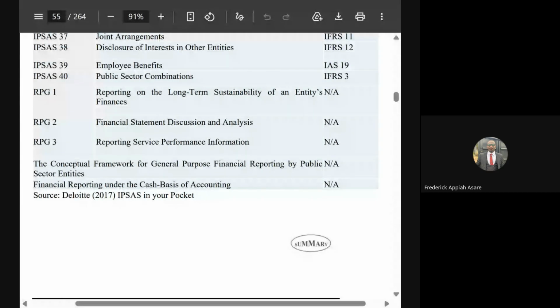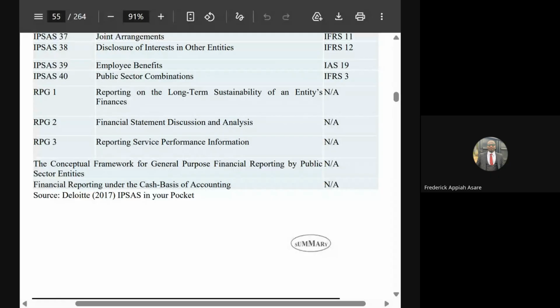And currently, we have accounting standards that are into it. So the RPG is what we call the Recommended Practice Guidelines.